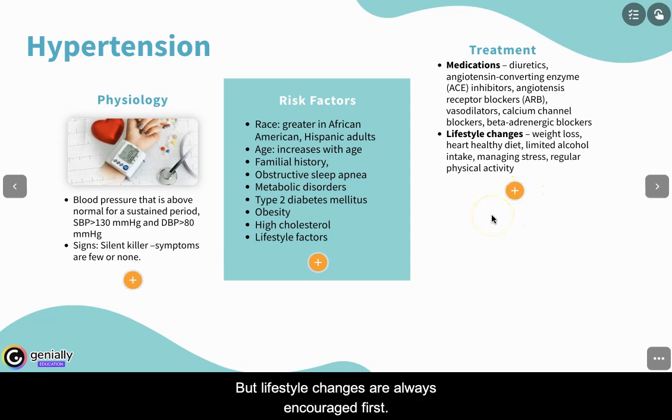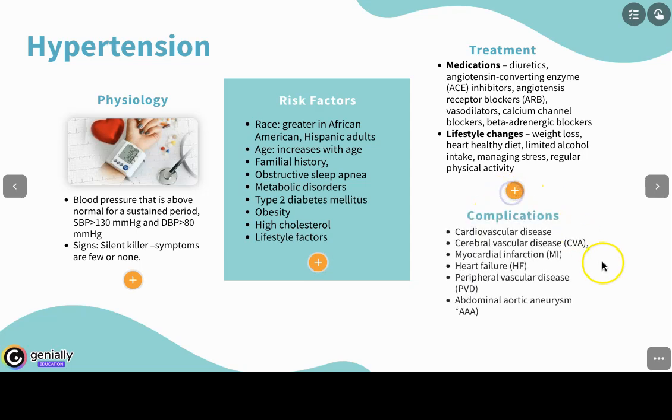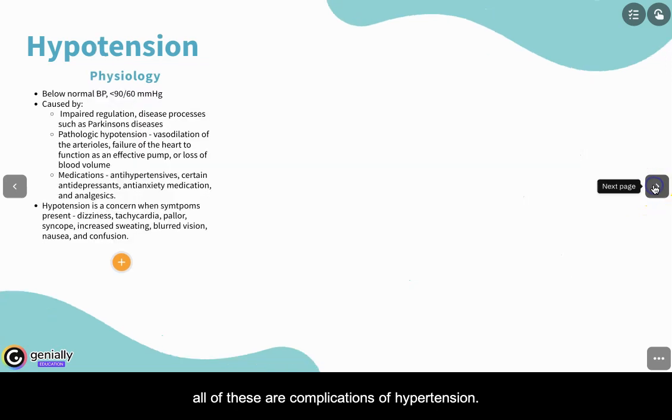But lifestyle changes are always encouraged first. Then what are the complications of hypertension? Cardiovascular disease, strokes, heart attacks, heart failure, peripheral vascular disease, abdominal aortic aneurysms. All of these are complications of hypertension.